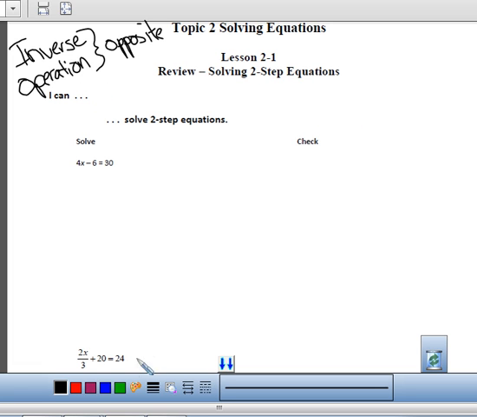Now, I also want to make another note. You'll notice that there's the word check here. Oh, Mr. Decker, do I have to do the check? Yes, you must. I'm going to write this in all caps like I'm yelling it: MUST DO THE CHECK.